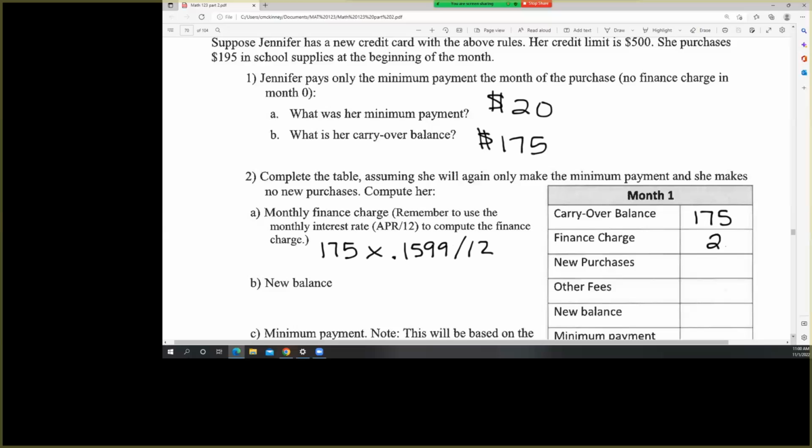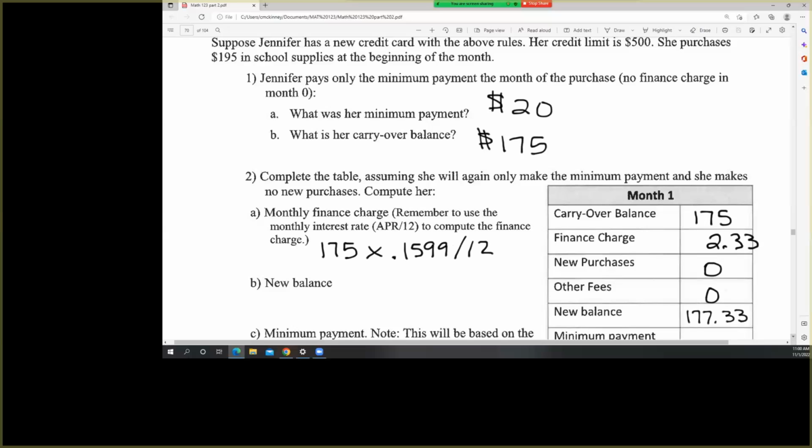Good. And it says here she made no new purchases, so this would be 0. She doesn't have any other fees. So now her new balance is $177.33.